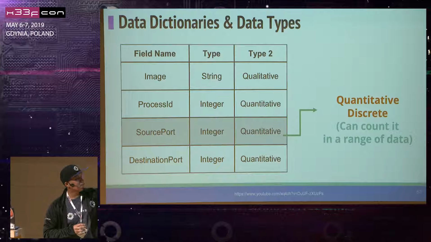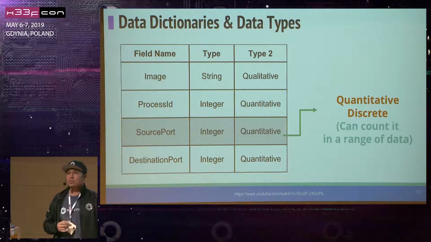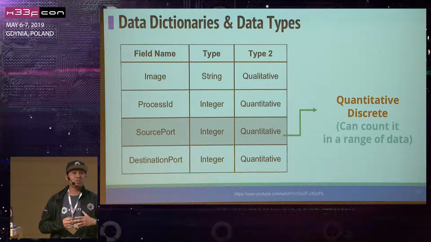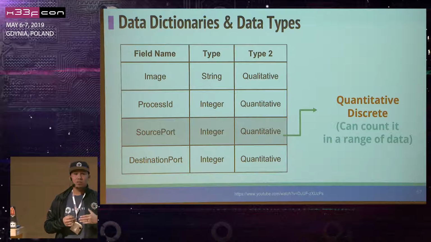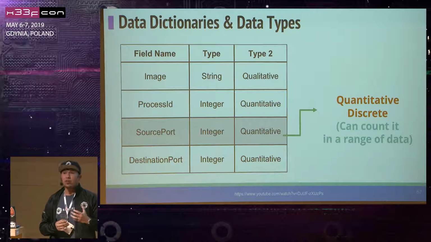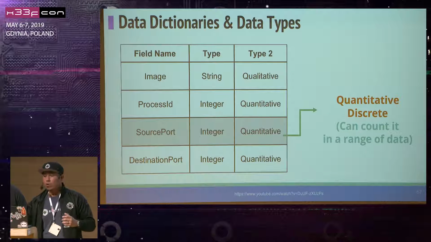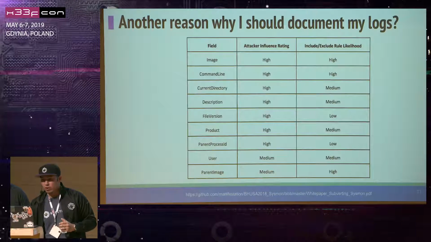If I don't understand my data described that way, I cannot come up with a use case for a specific data source. So we're going to be creating data dictionaries that give you a basic data type for a format, but also a little bit of the mathematical type for that field. If you talk to a data scientist, they love that, because they want to know exactly what values they're going to be working with so they know what they can apply to that specific data. So that's very, very useful.